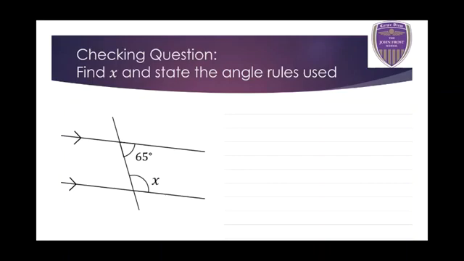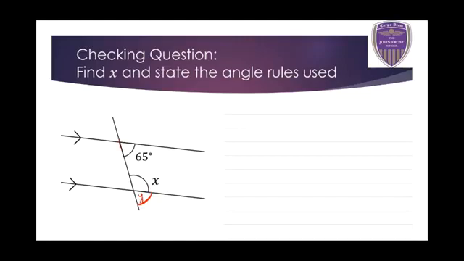Okay, so clearly we don't have enough information here to find out straight away what angle X is compared to 65 degrees, okay? But let's try and find either a corresponding or interior angle, okay? So I think it would really help me out if I could find this angle here. I'm going to call that Y. How can I find this angle?